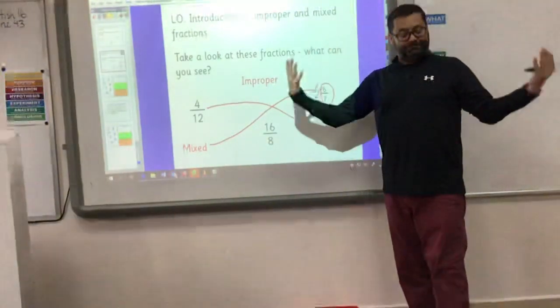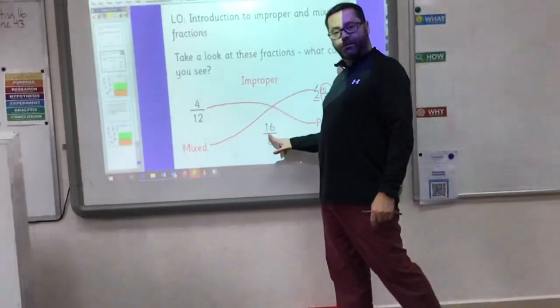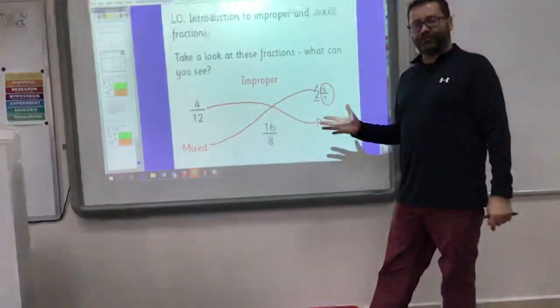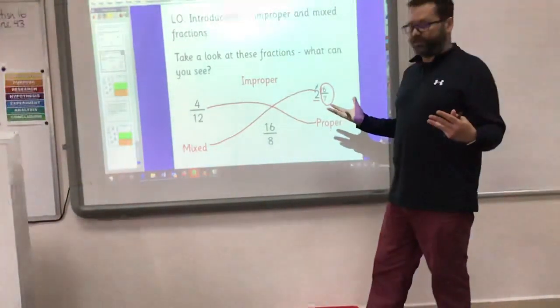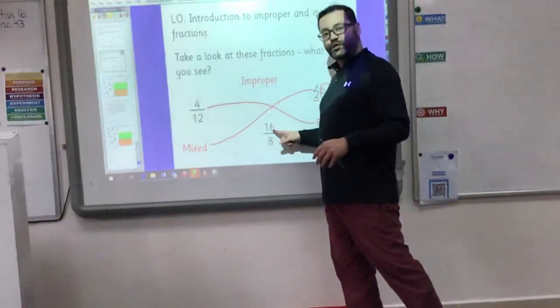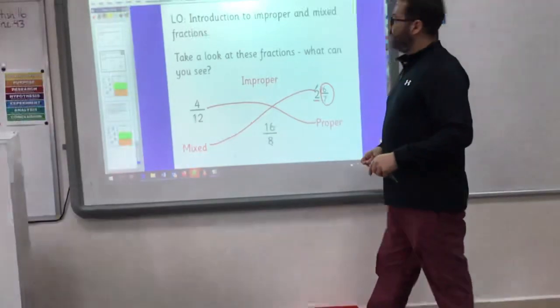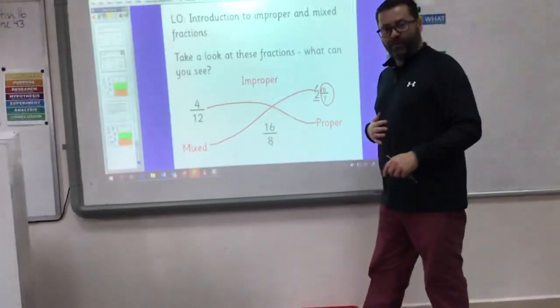Through process of elimination, that leaves me with the only fraction option that's left, which is 16/8. That does not look right to me, because I know, based upon all the fraction work that I've done before, that the numerator should be smaller than the denominator. Okay? So this does not sit well with me. It looks a little odd.